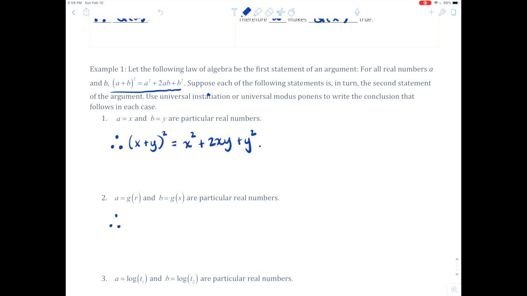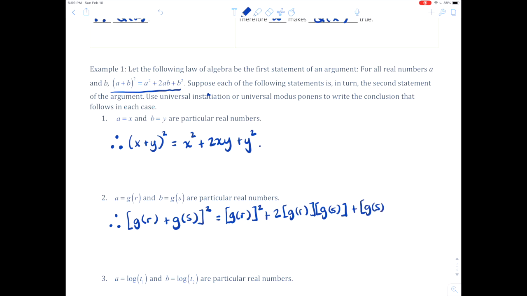Therefore, good. g at r plus g at s, the quantity squared, would equal g at r squared plus 2 times g at r times g at s plus g at s, the quantity squared. How's it going so far?